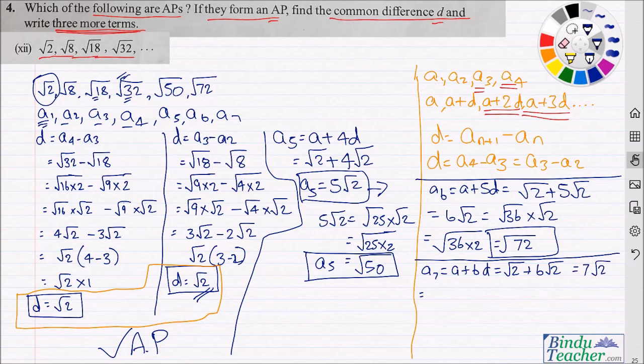Now 7 can also be written as square root of 49 into root of 2, which equals square root of 49 into 2. Let me quickly calculate: 9 plus 9, 18, then 4 plus 4, 8, 8 plus 1, 9. So we have 98. So we have square root of 98. Now this is the value of a7.